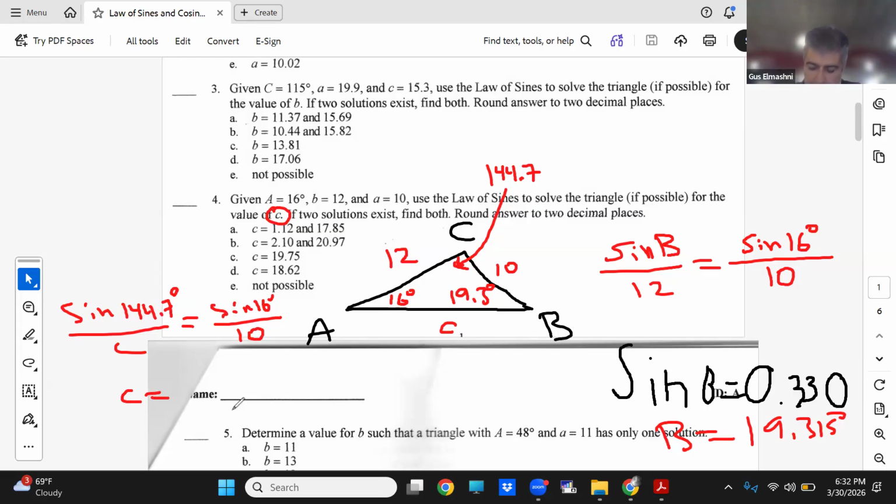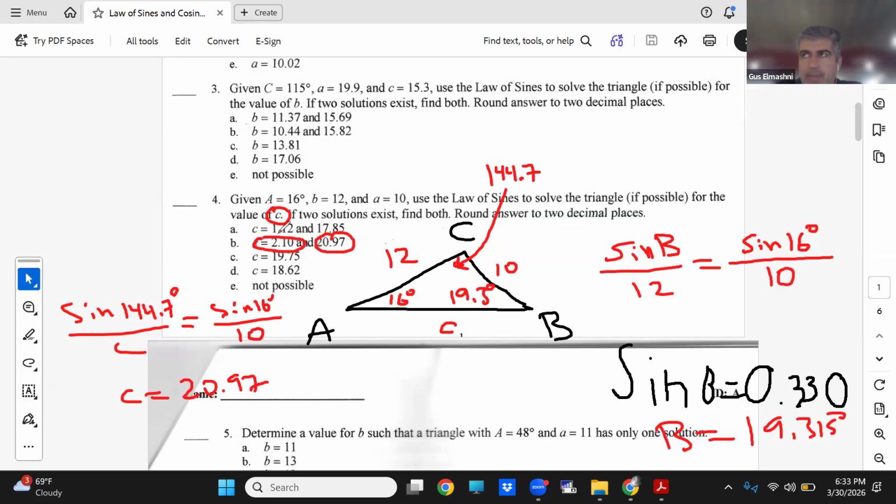I'll just save us time. They get 20.97. Now it's interesting because I see 20.97 here and I see another side. Why are there two answers, right? That's kind of strange.